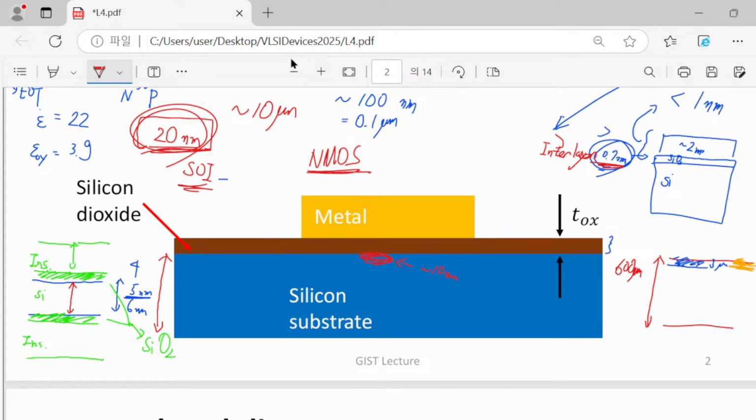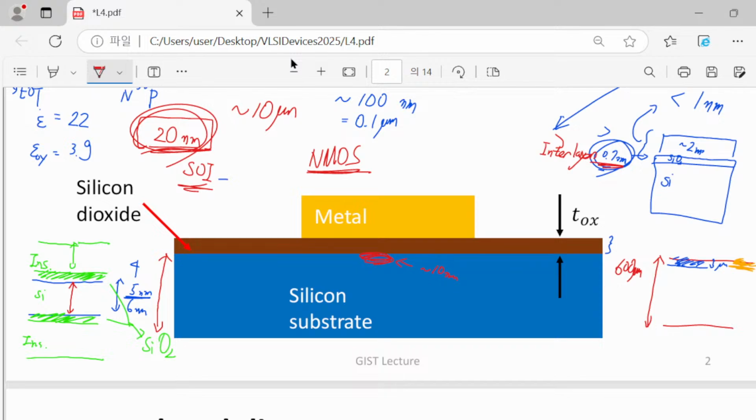I just told you that although we are talking about the MOS system, certainly a highly idealized vertical structure, in this case the most critical part is the oxide layer. Thickness of the oxide layer or electrical property of the oxide layer is critically important. And nowadays, we are in the range of 1 nanometer in terms of EOT, equivalent oxide thickness, with the help of our high K material.